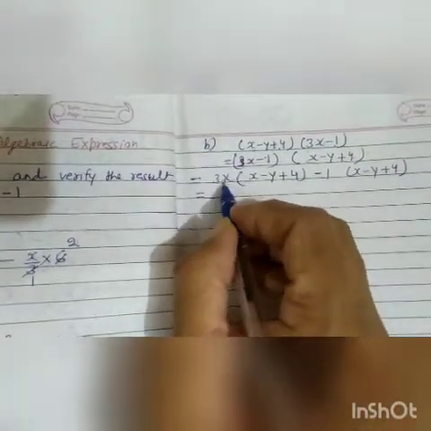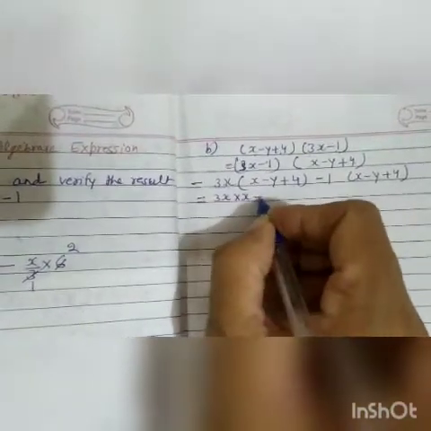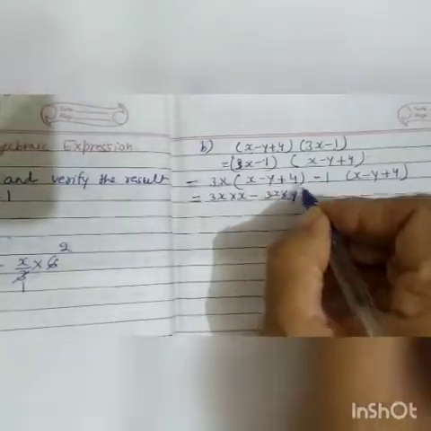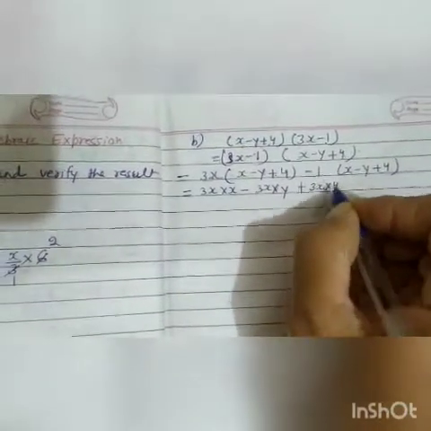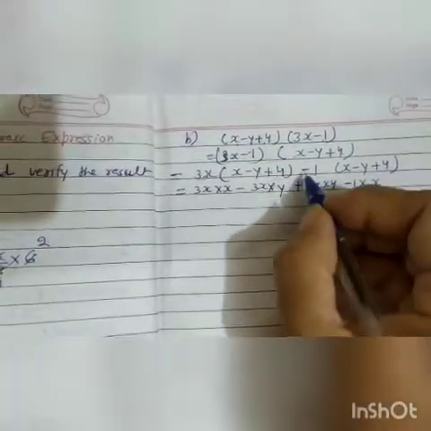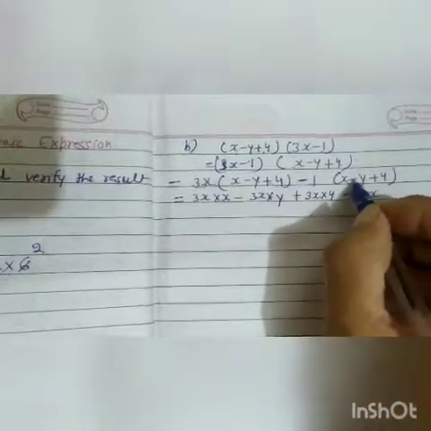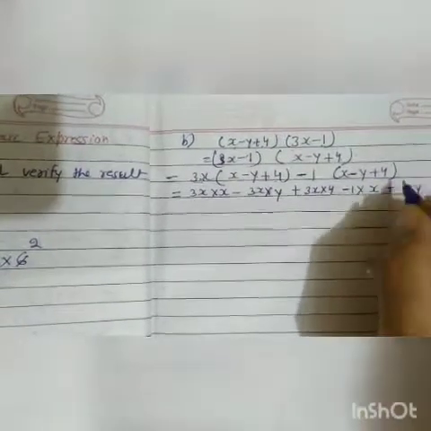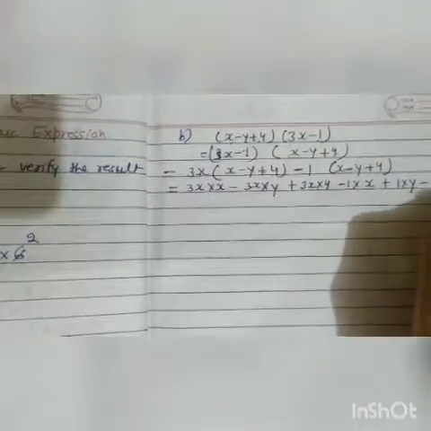Now multiply this 3x by this x. See, we will write like this: 3x multiplied by x, minus 3x multiplied by y, plus 3x multiplied by 4, then this minus 1 multiplied by this x. Again there is a minus sign out of the bracket, so this sign will become plus 1 multiplied by y, then this plus will become minus 1 multiplied by 4.